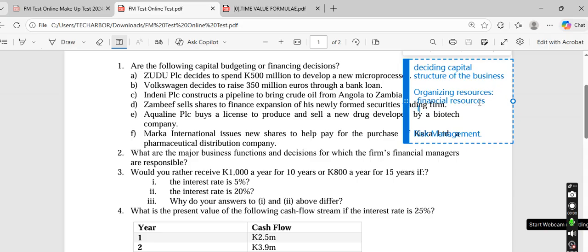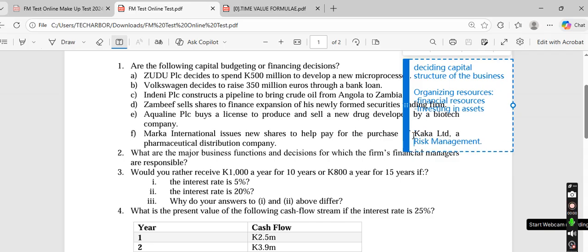So basically, investing decisions means investing in capital, like new equipment, a new factory. So we can say investing in assets. Maybe also for companies, maybe public companies that offer shares, they need to look at the dividend decisions.